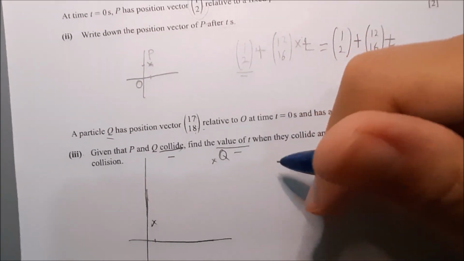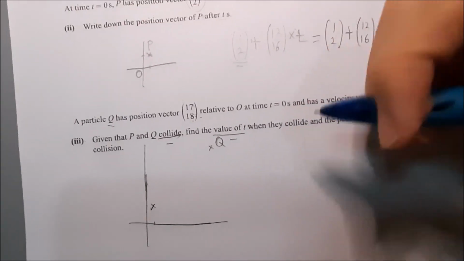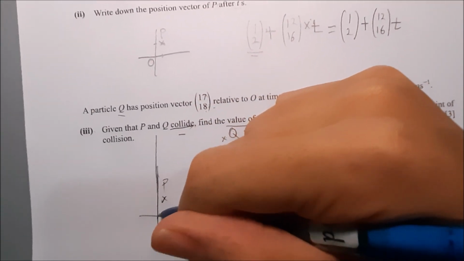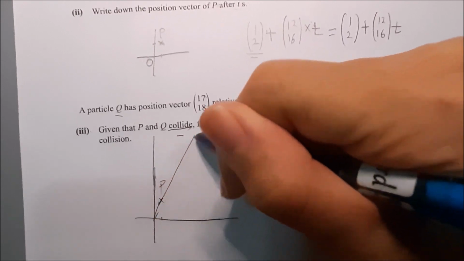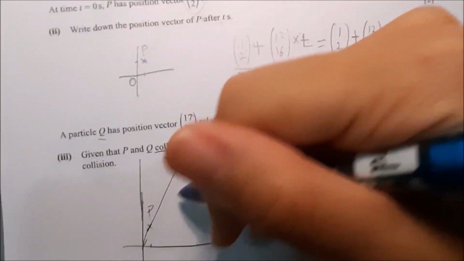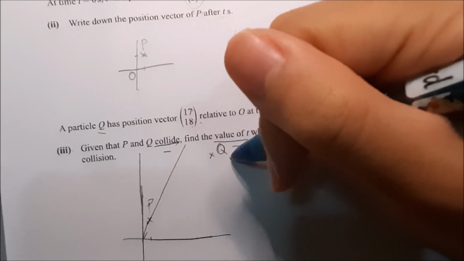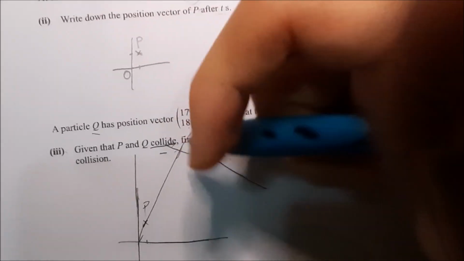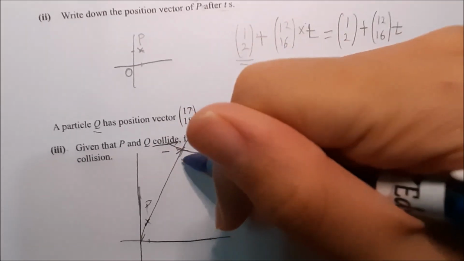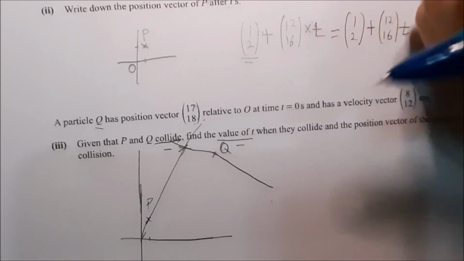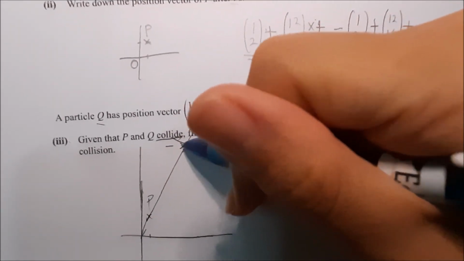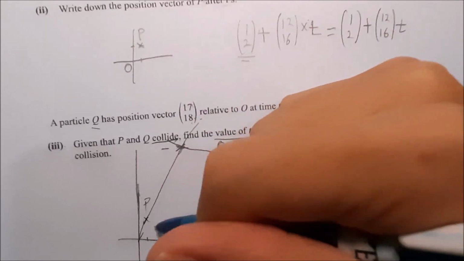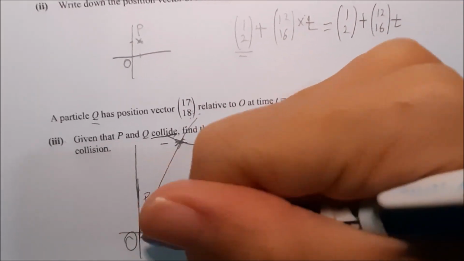So basically their position vectors are the same. If they collide somewhere, just like that, then wherever they meet, they're at the same point, at the same distance away from the origin, which is 0, 0.